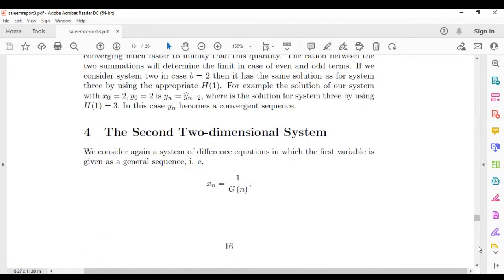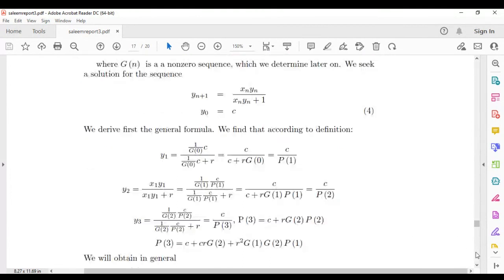Then we move to the second, two-dimensional system. We now use 1 over Gn for Xn, but for Yn plus 1, we have Yn also in the numerator, and we fix R to be 1.